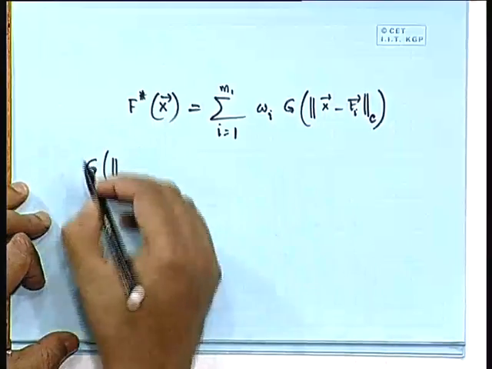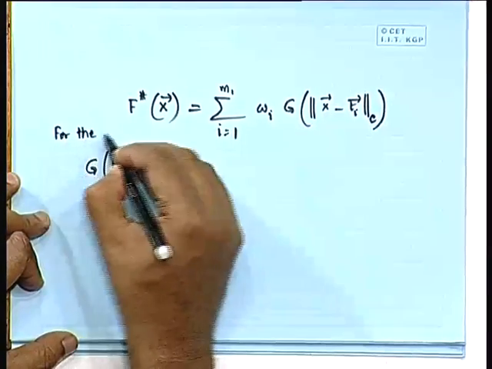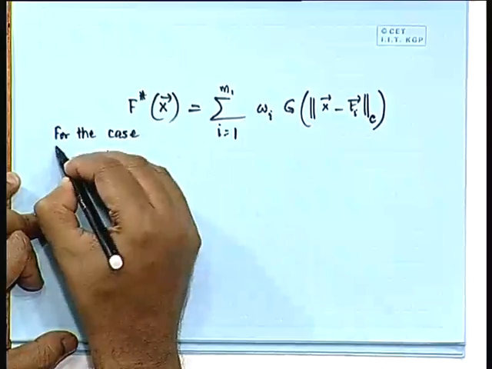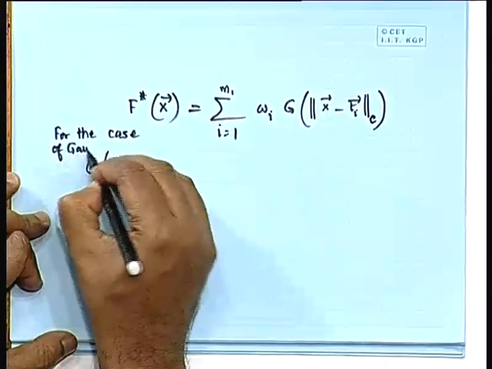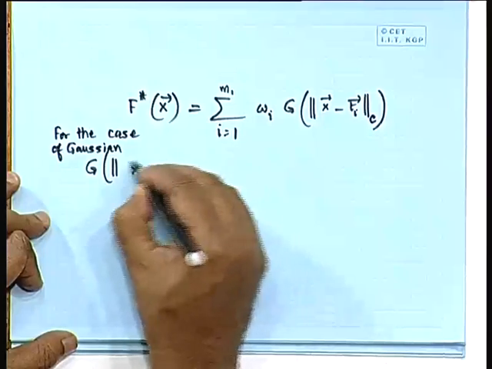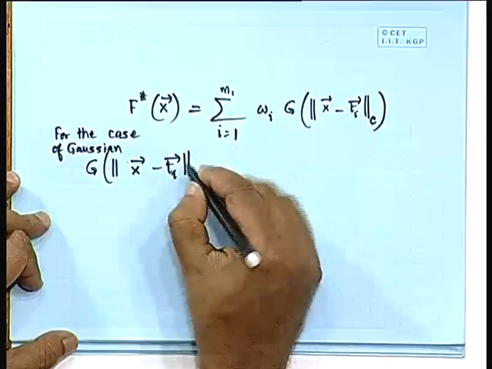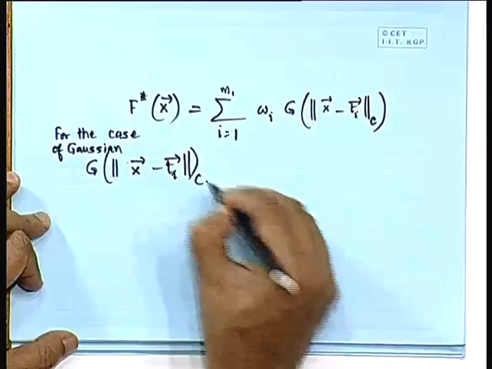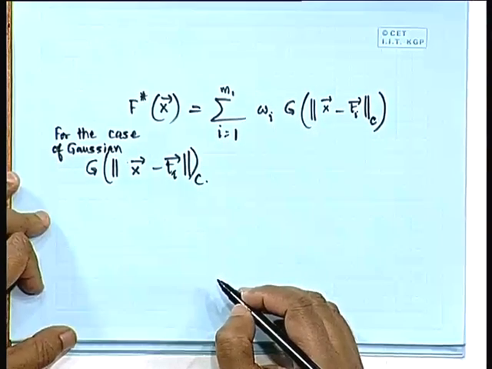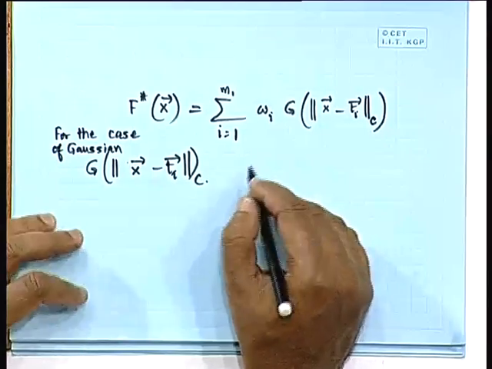So, for the case of the Gaussian, we can write G of x vector minus Ti vector, taken in the sense C, that is, the weighted norm of x vector minus Ti vector.